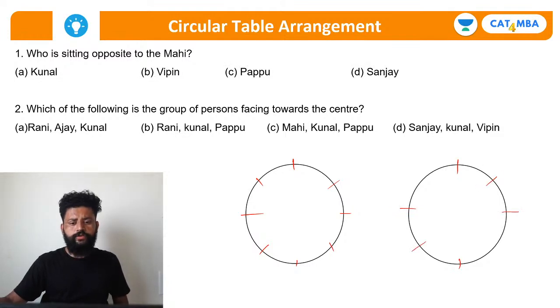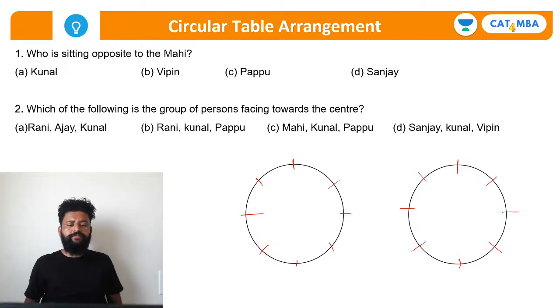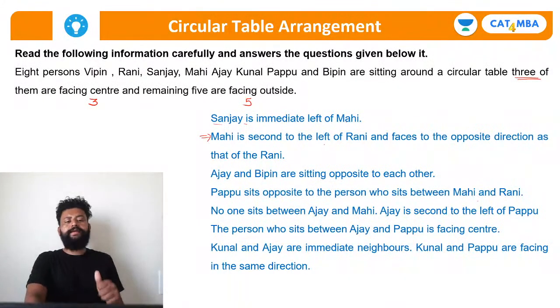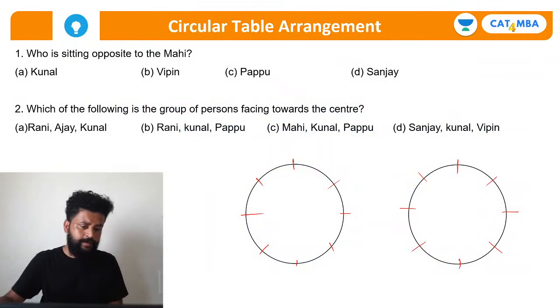I'll try to get all the possibilities one by one. Mahi is second to the left of Rani and faces the opposite direction to Rani. Now there could be two cases: either Rani is facing center or Rani is facing outside. One of these must be true.